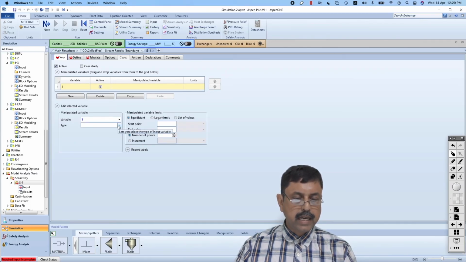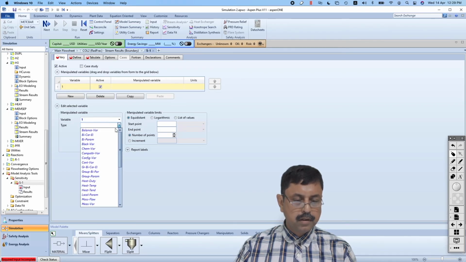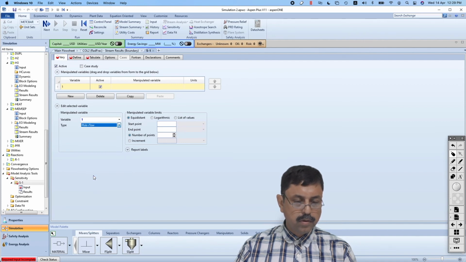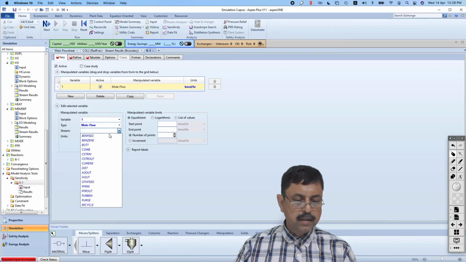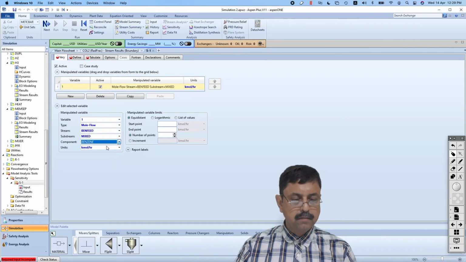So the type is mole flow, mole flow of the benzene feed, component benzene.